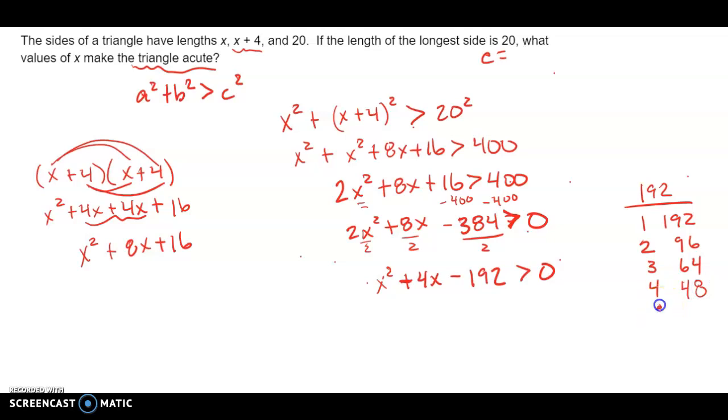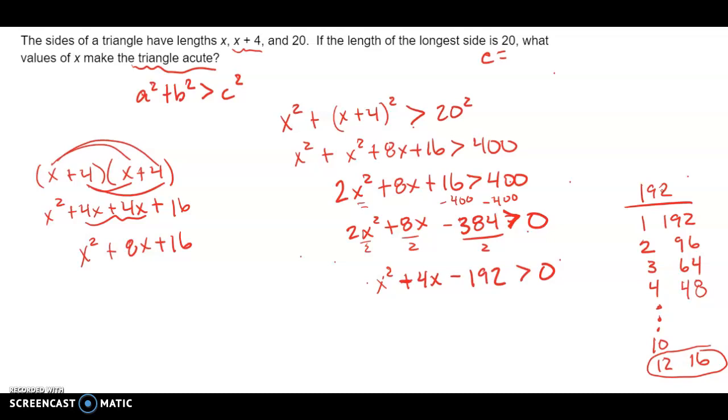Okay, so we continue this process. We look at factors, and what we're looking for is a difference of 4. When we get down to about 10, 10 doesn't go into it, 11 doesn't go into it, but 12 does. It turns out that 12 and 16 are the factors of 192 that have a difference of 4 between them.